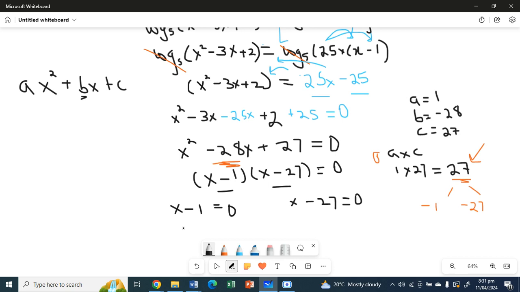So when we solve, if we take this negative 1 over the equal sign, it becomes positive. 0 plus 1, we have x equals 1. Or if we take this negative 27 over the equal sign, it becomes positive. So say, or x equals 27. So those are our values of x.